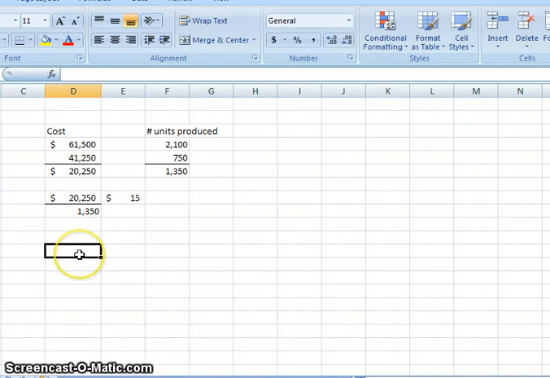Your step 2 is now figuring out how your total cost can be broken down using this variable cost number. For every unit we produced, we've got $15 worth of variable cost.